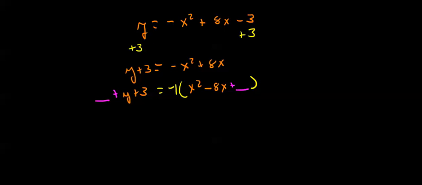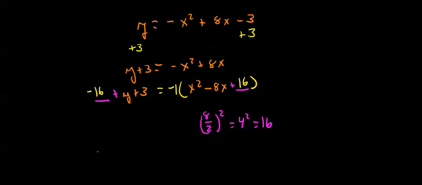Half of 8 is 4, and we square it. 4 squared is positive 16. So we have plus 16, but negative 1 times 16 is negative 16.